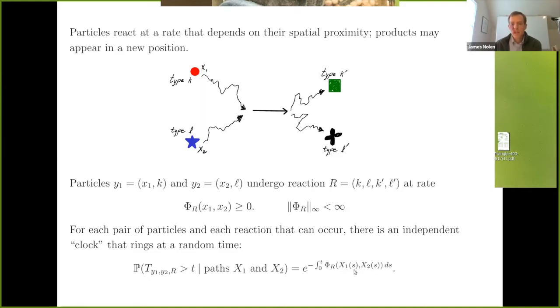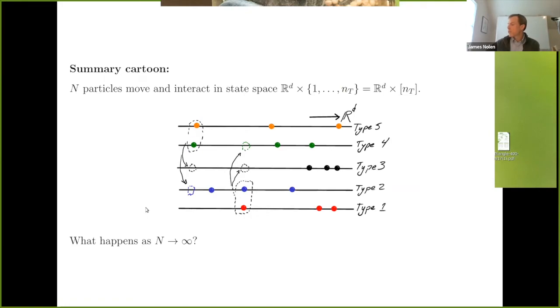All right, so here's a summary cartoon, the picture I have in my mind of the system. There are n particles moving in the state space, and the state space is a product of Euclidean space with 1 to n being the number of types, right? So I think of this as different layers.